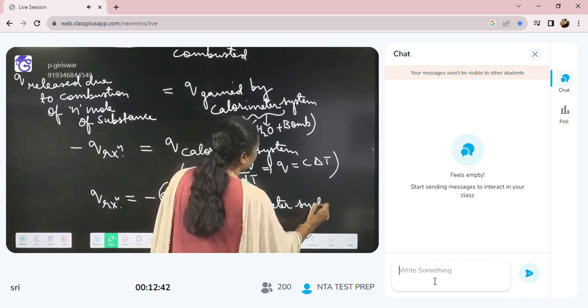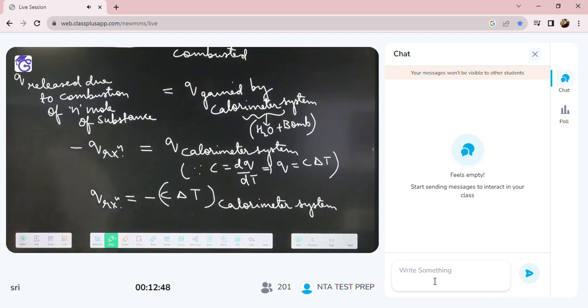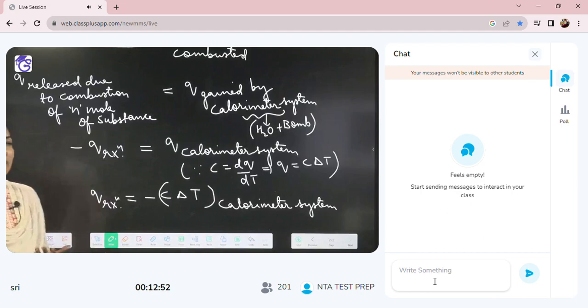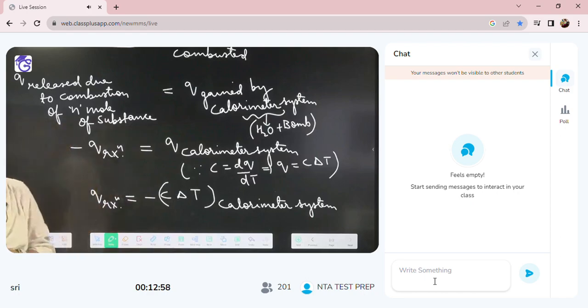Did you understand what we are doing? Simply we are applying the principle of calorimetry: heat released by the chemical reaction is being gained by the calorimeter system, and then I applied the sign convention. Can we proceed further to the next slide?